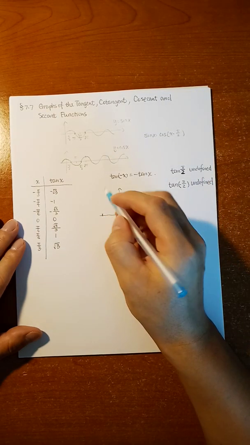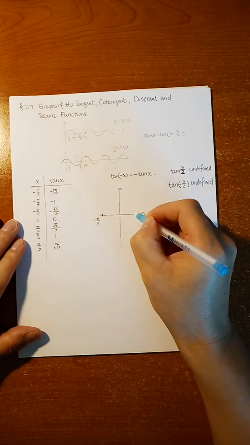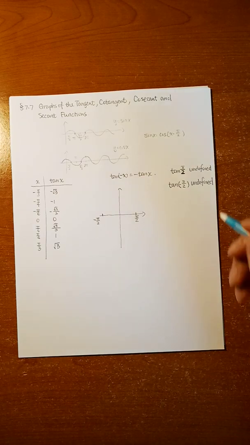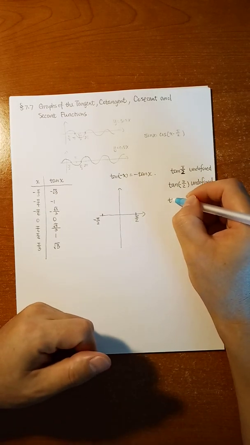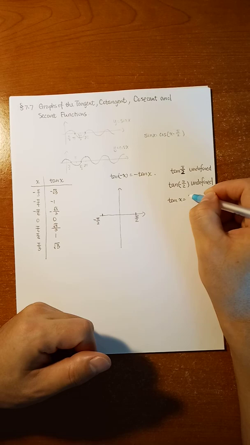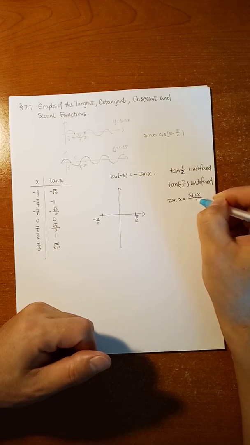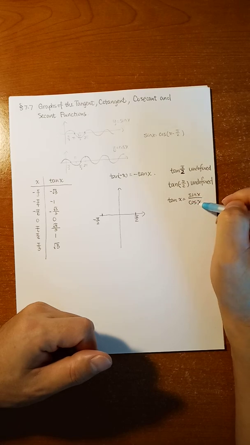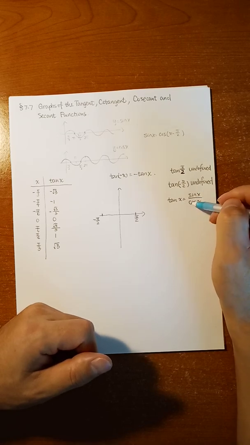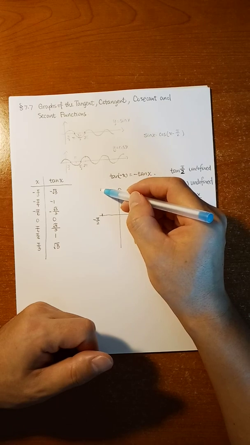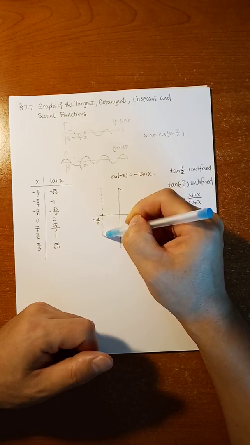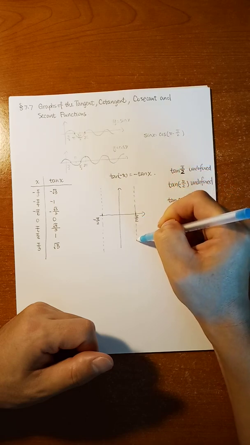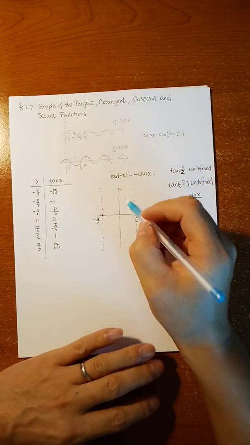And the reason it is undefined is that tangent of x is sine over cosine. When you have pi over 2, cosine is 0, sine is 1. So it's 1 over 0, it's infinity. So tangent at pi over 2 and at negative pi over 2 are two vertical asymptotes.